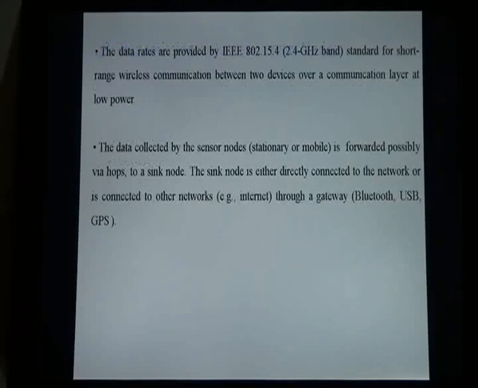The data rates for communication within wireless sensor networks are provided by IEEE 802.15.4, which operates under the 2.4 GHz band for short range wireless communications. And the data collected by the sensor nodes, either stationary or mobile, can be forwarded to other sink nodes, possibly via hops.